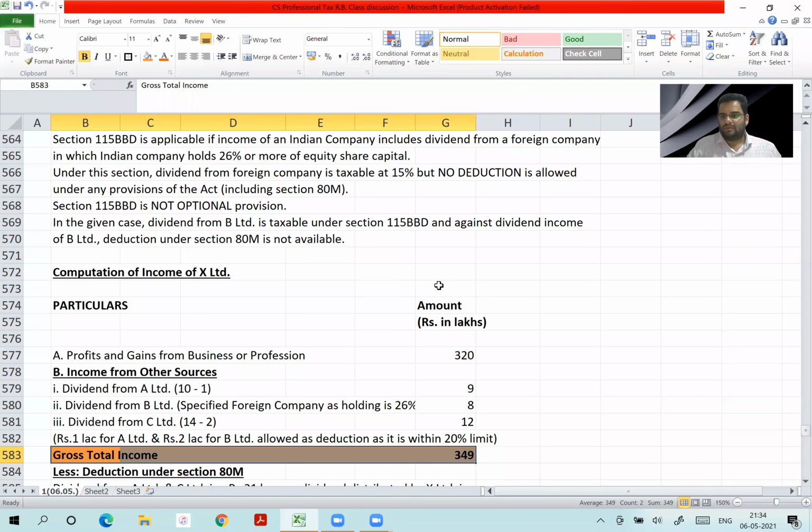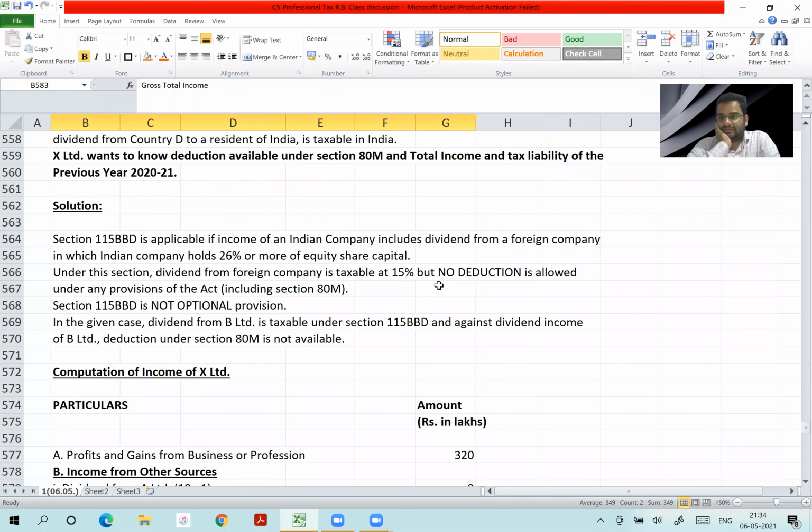Now, Mansi, Anushya, Vishwanath, and all of you, be ready for the application of MAT.